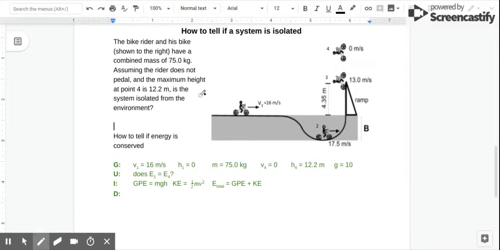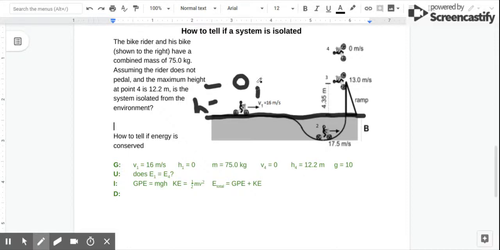We're going to use the ground as H equals 0. Since he's on the ground, he doesn't have any GPE.